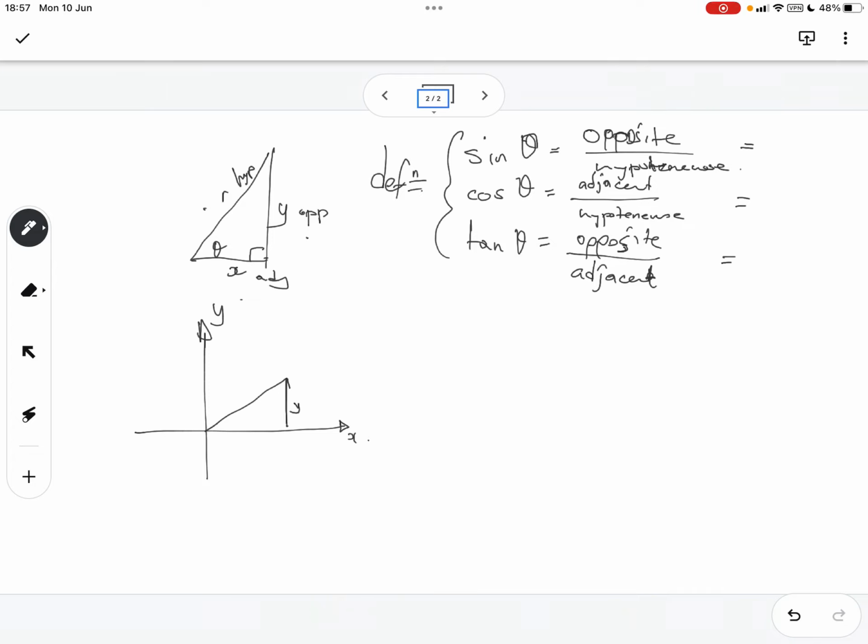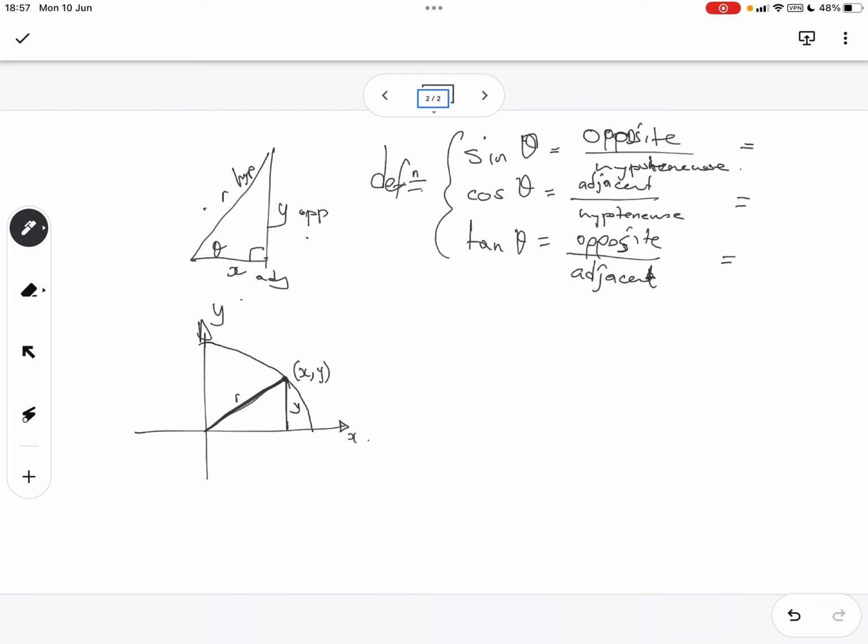We can also write them in a different way. Still the same thing, but on axes. We have the y-axis and the x-axis.